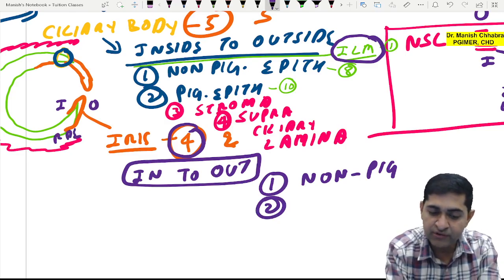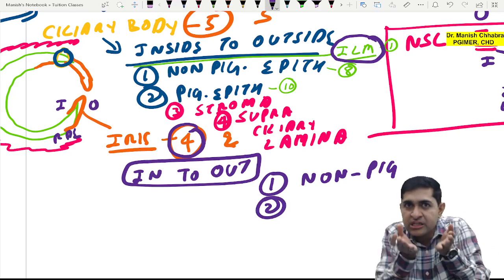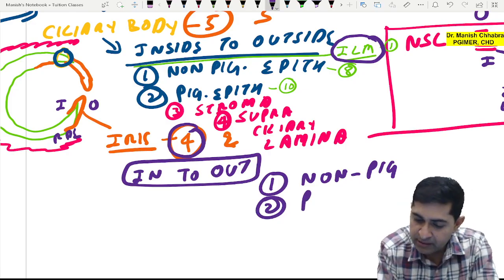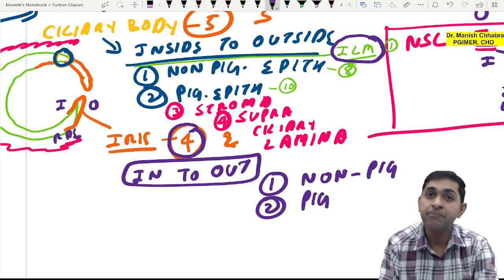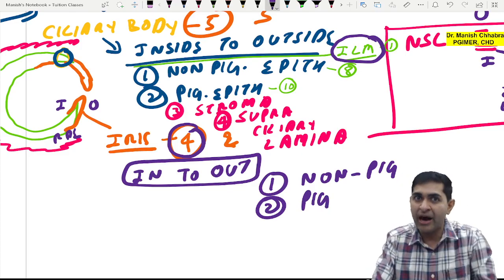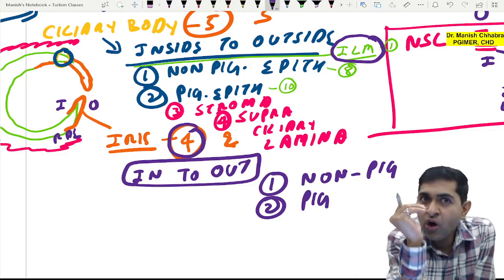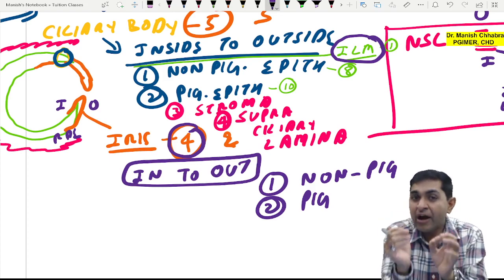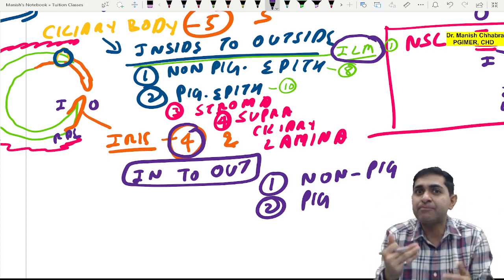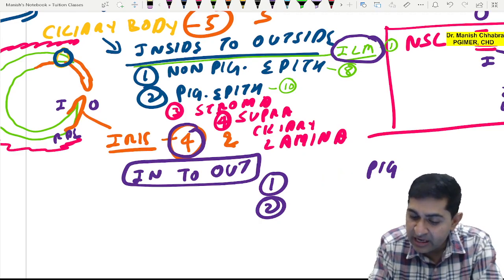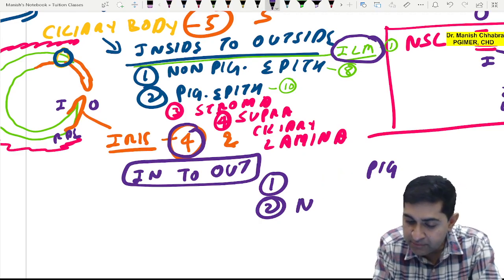But what happens during a transition from ciliary body to iris? The non-pigmented layer gains pigment, while the pigmented layer loses the pigment, such that the innermost layer becomes pigmented and the outermost layer becomes non-pigmented.